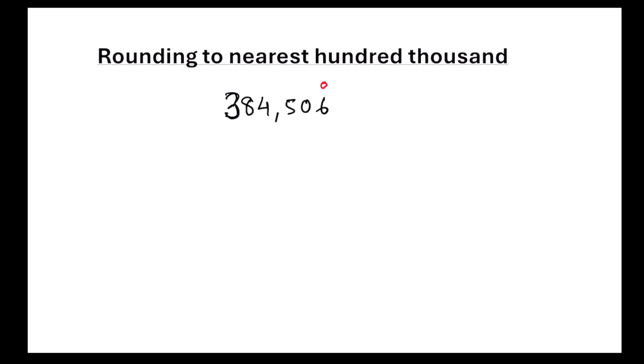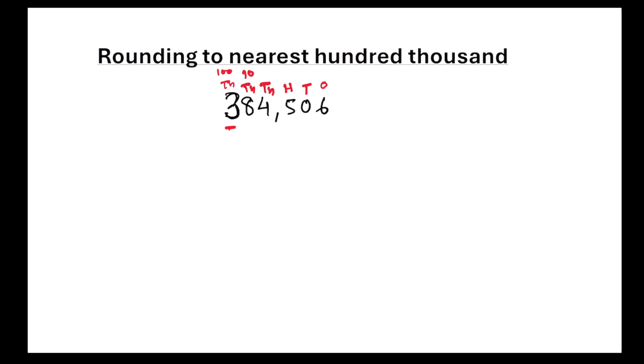Ones place digit is 6. Tens place digit is 0. Hundreds place digit is 5. Thousands place digit is 4. 10,000 digit is 8 and 100,000 digit is 3. So I put a line on 3.